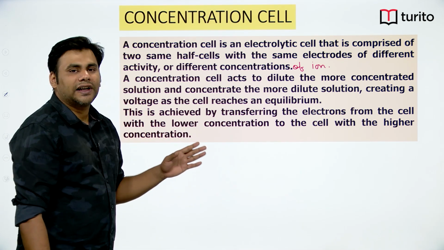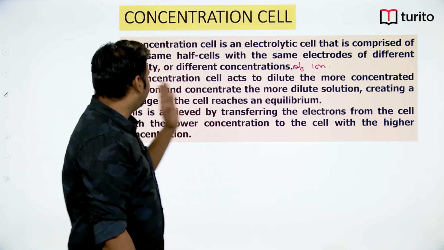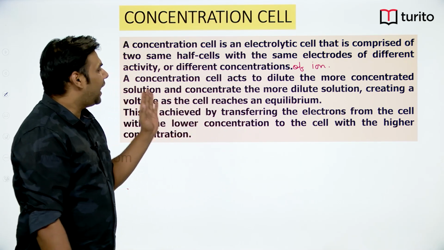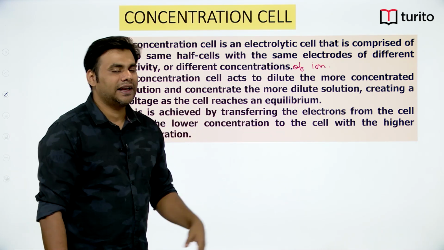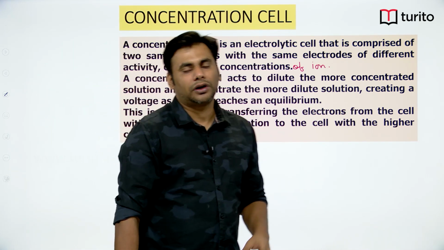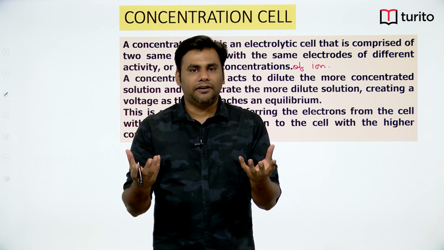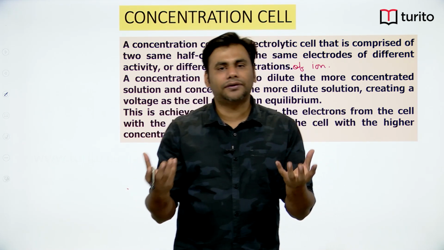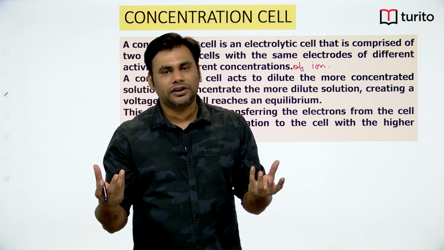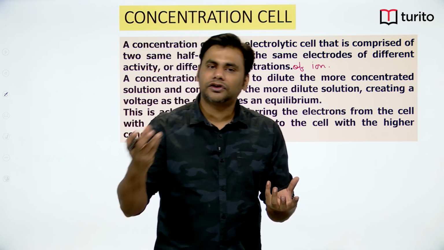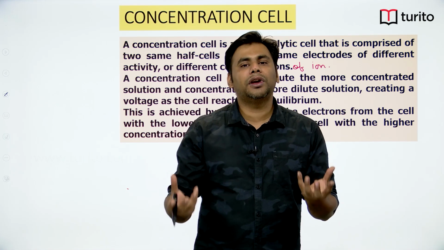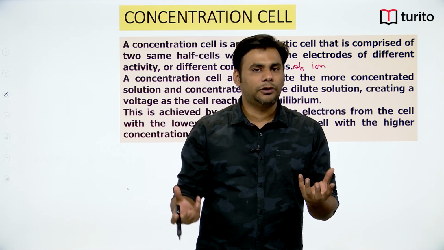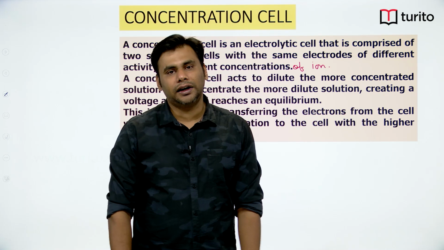A concentration cell acts to dilute the more concentrated solution and concentrate the more dilute solution, creating a voltage as the cell reaches an equilibrium. I have already told you, because we have two same half cells whose concentrations are different, because of this difference in concentration they will have different EMF, due to which a potential difference would develop and the electric current would flow.